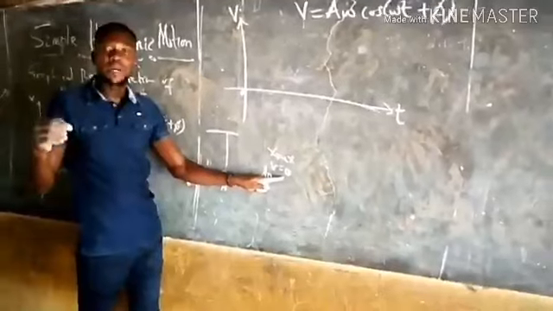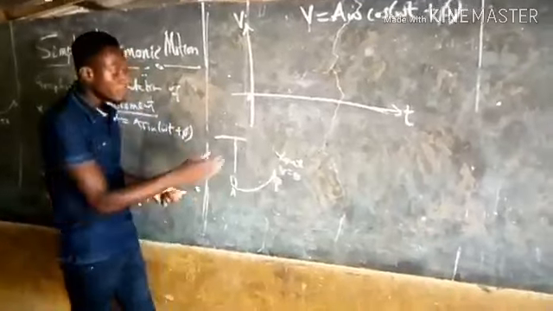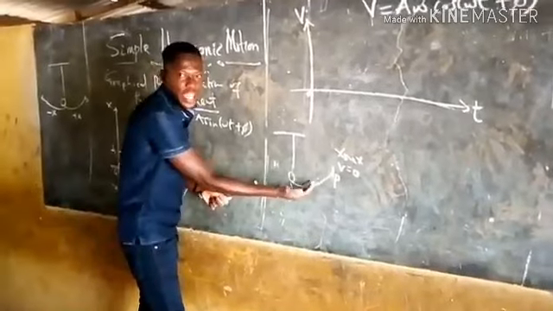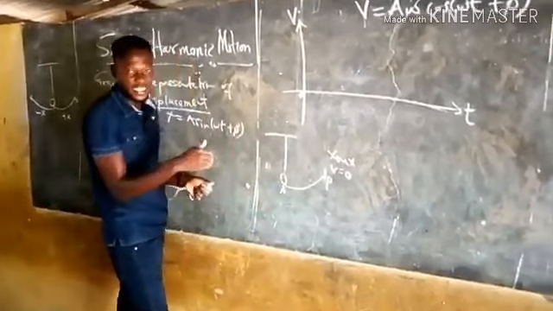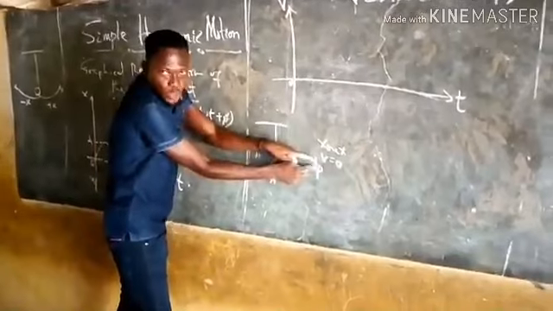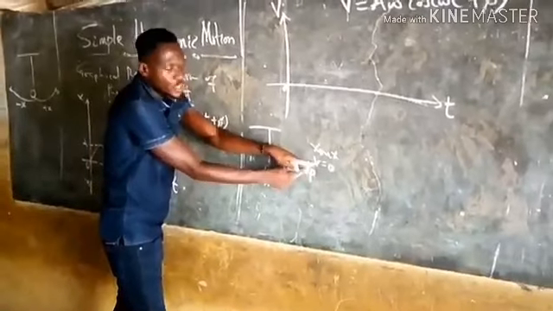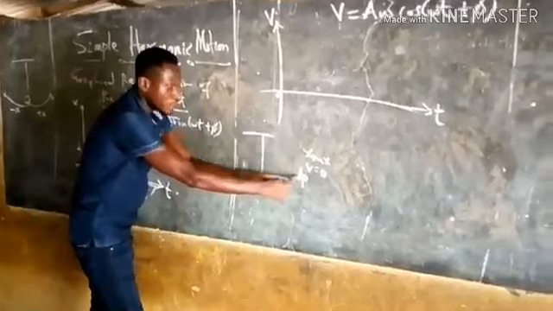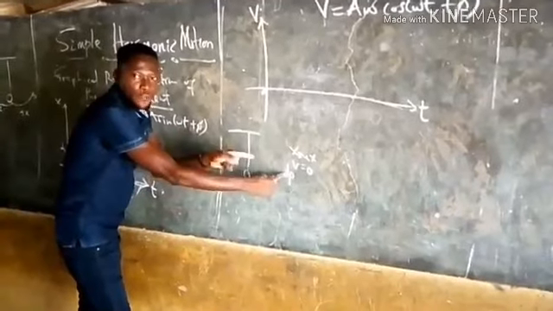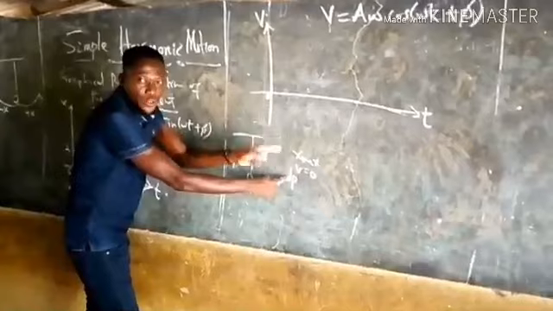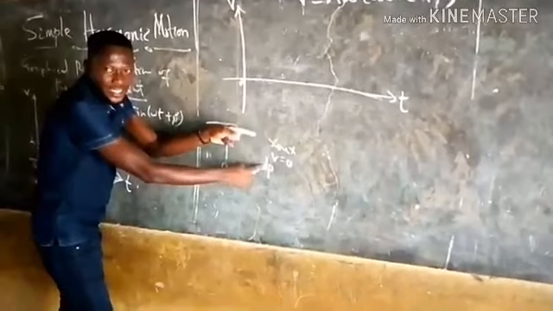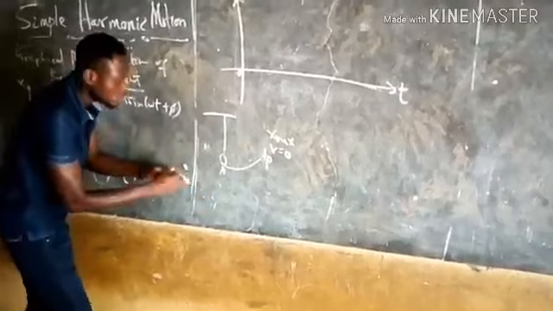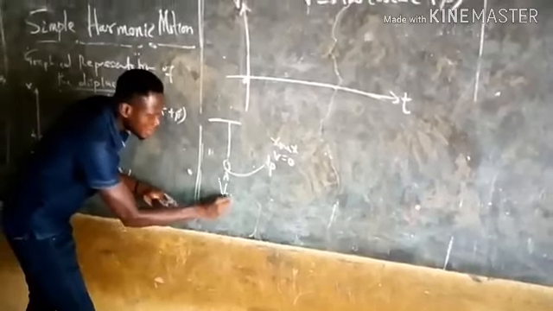So where does the body attain velocity? If the body moves back to the mean position, its displacement will be decreasing as velocity increases. At the extreme end, the body stops momentarily, so velocity is 0. But when the restoring force pushes the body back to the mean position, that restoring force will cause the body to accelerate, so velocity will be increasing. And at the mean position, the body attains maximum velocity. So the body is having maximum velocity at the mean position.